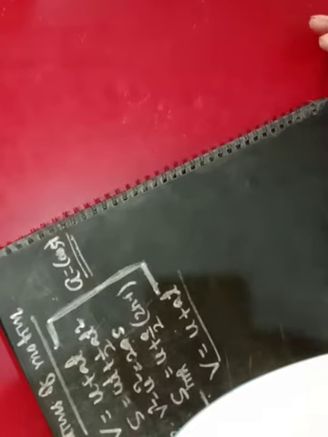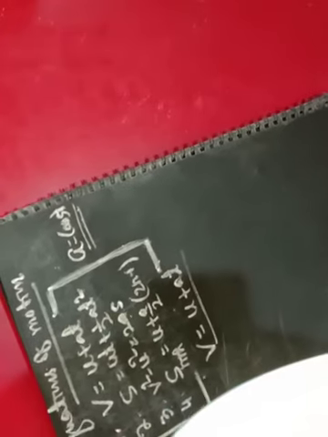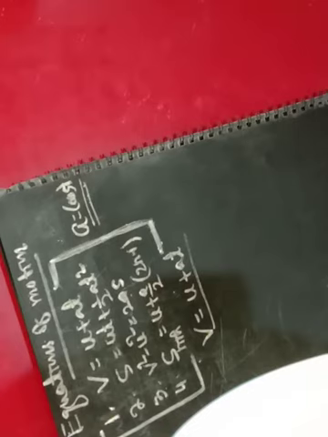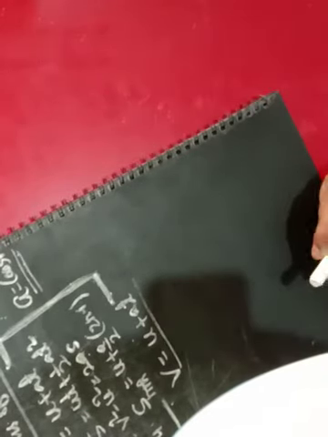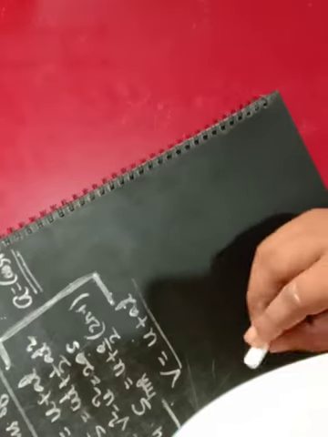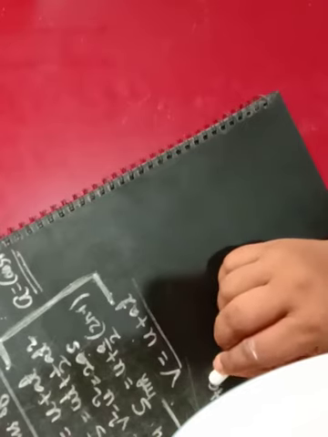This equation tells the final velocity of the body after the time interval t, provided the body must be moving with uniform acceleration. We have to prove the equation v equal to u plus at.